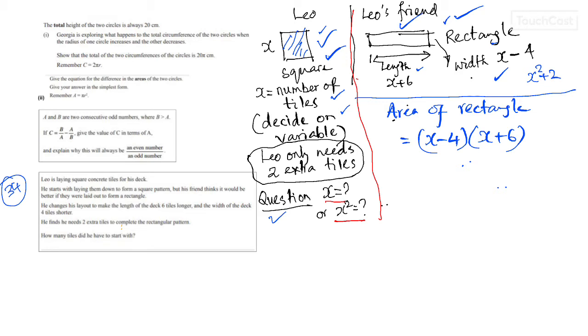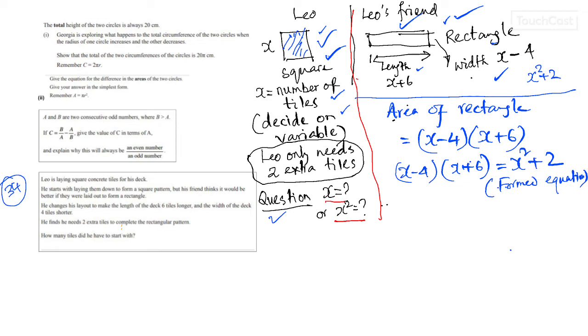So if you imagine those are the tiles, we end up using 2 extra tiles. So we know something now. That will be equal. So we formed an equation.